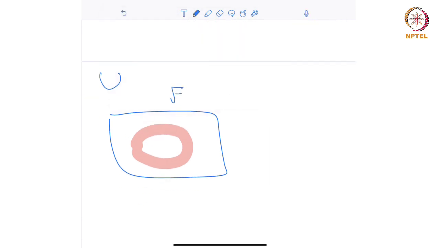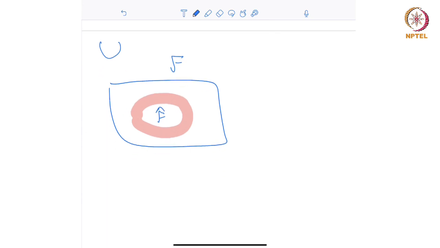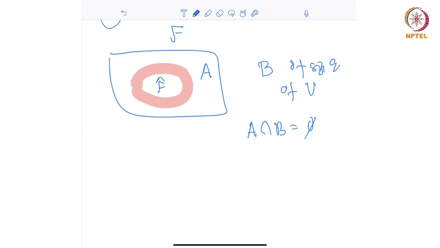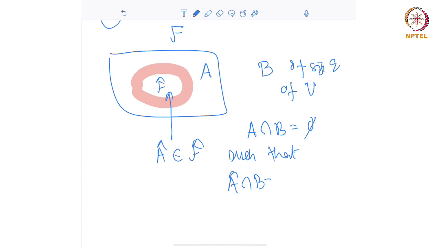Suppose you give me a set B of size Q of the universe, and there exists a set A in your family disjoint from it, then you need to guarantee there exists an A hat in F hat such that A hat intersection B is phi.